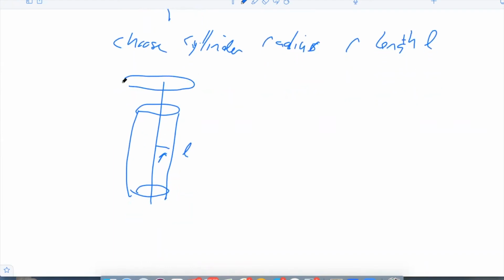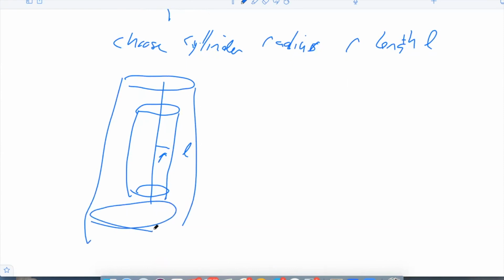Okay, so here's the entire thing. So I've got this little cylinder that lives inside this infinite cylinder. Okay, by symmetry, the electric field has to point radially out from the center.